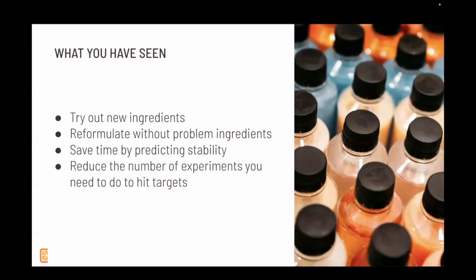So what I hope you've seen is that you're able to very quickly and easily ingest new ingredients into the platform, take in their data and try them out in a formulation. You can reformulate without problem ingredients simply by constraining the search space. You can save time by predicting stability, and you can reduce the number of experiments that you need to do to hit targets.